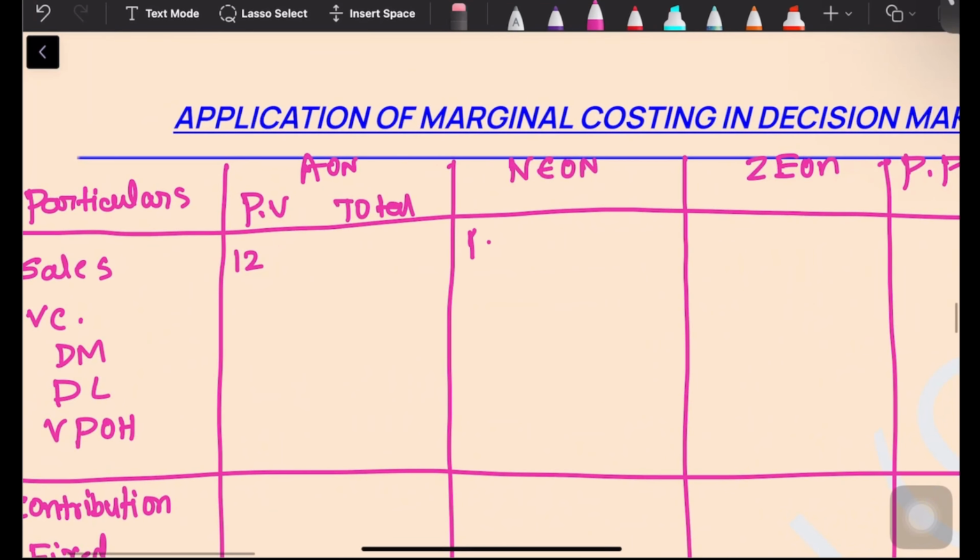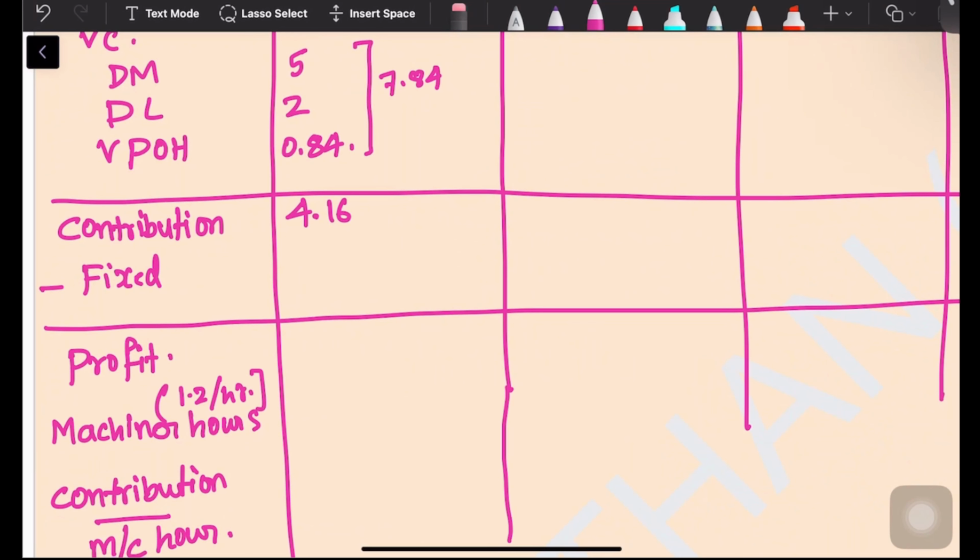Machine hour is absorbed at what rate? 1.2 per hour. So for 1 hour it is 1.2. How many hours for 0.84? You have to multiply or divide to get the machine hours. 0.84 divided by 1.2 is 0.7 hours.